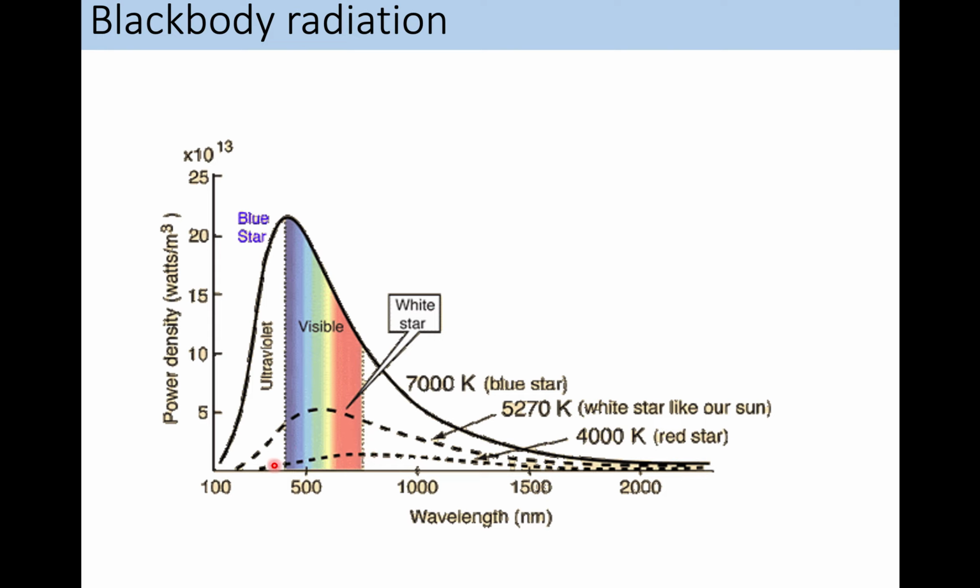The coolest star shown here is 4,000 Kelvin. It's going to be a red star because you'll see its peak is more in the red, and it is emitting much less total energy than the other two stars. The total energy is equivalent to the total amount of area underneath the blackbody curve for that star.